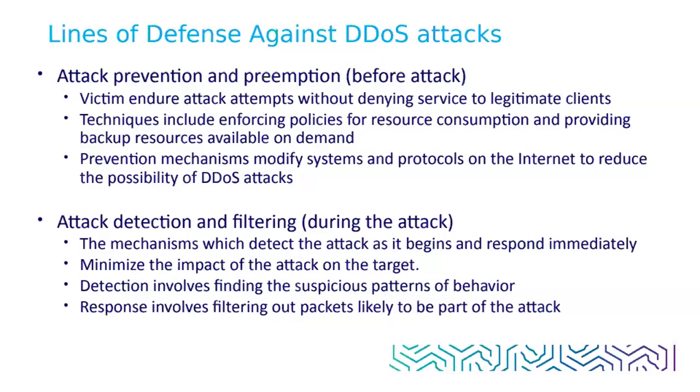Once an attack begins, attack detection and filtering identifies suspicious traffic patterns, and immediately it will filter the malicious packets while allowing the legitimate traffic to continue. Together, all these layers will improve system resilience and minimize the disruption caused by DDoS attacks.